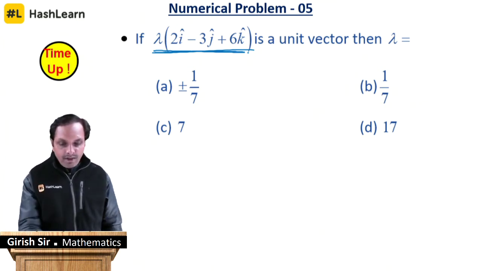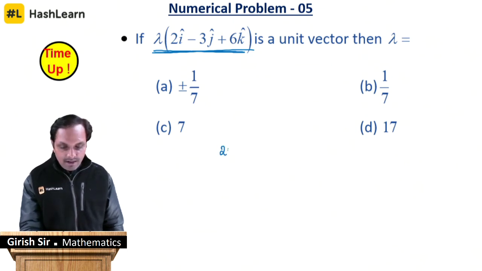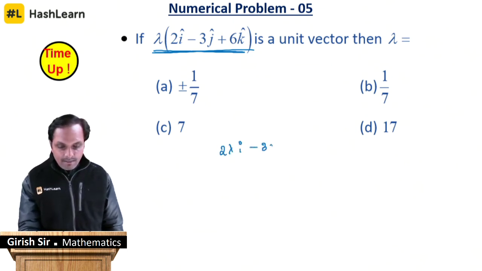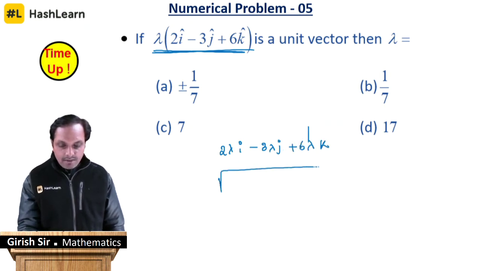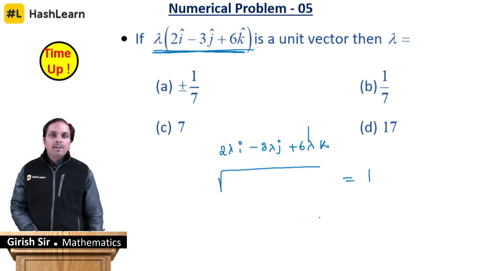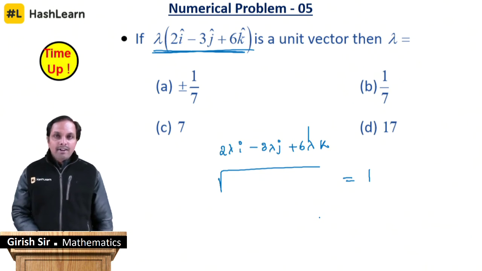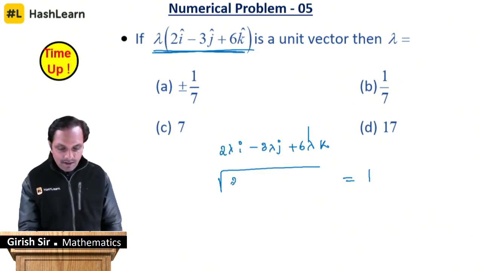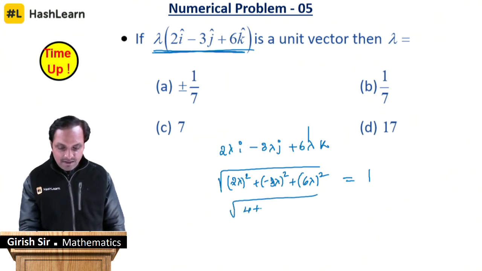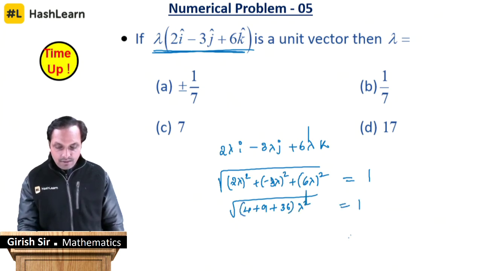So unit vector means this is your 2 lambda i minus 3 lambda j plus 6 lambda k, and its magnitude is 1. Magnitude is root of coefficient of i squared plus j squared plus k squared. So we take (2 lambda) whole squared, (minus 3 lambda) whole squared, (6 lambda) whole squared. So this becomes 4 plus 9 plus 36, lambda square is equal to 1.